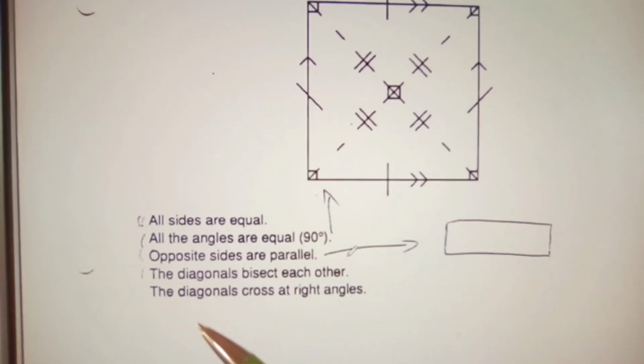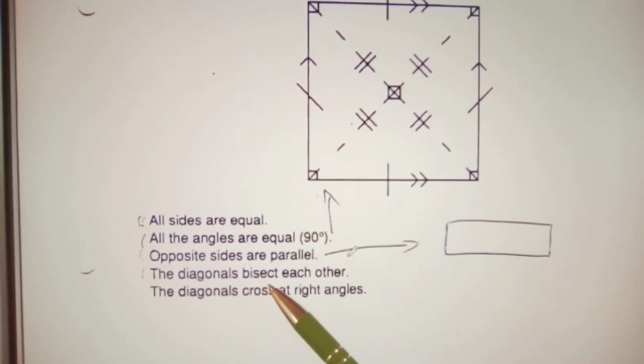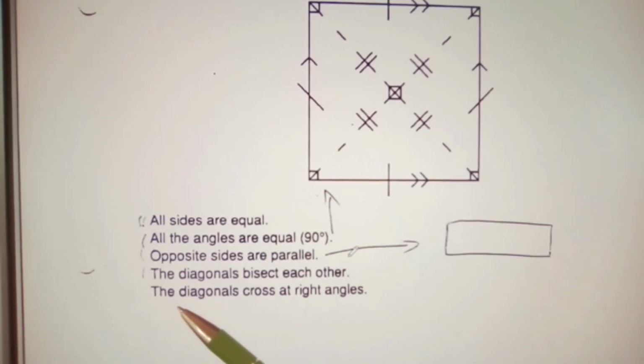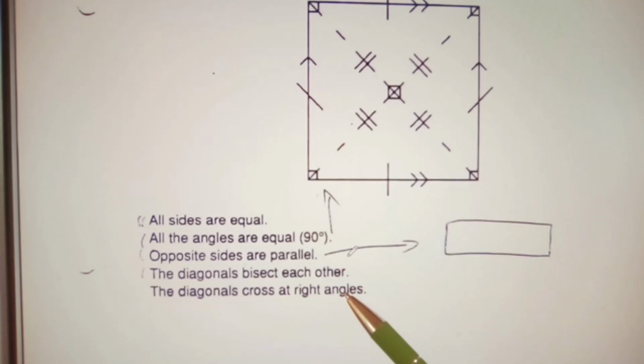The diagonals bisect each other. The diagonals cross at right angles.